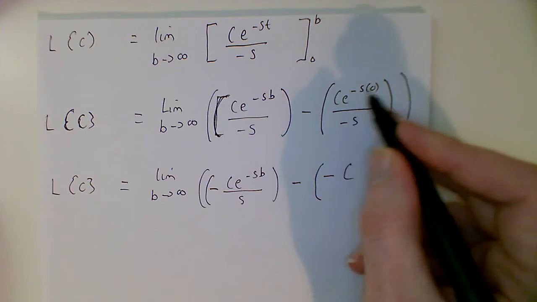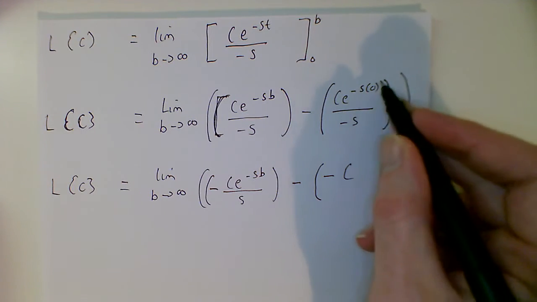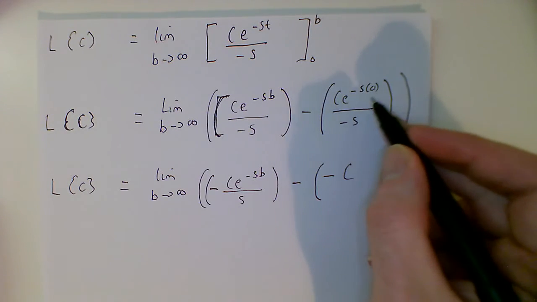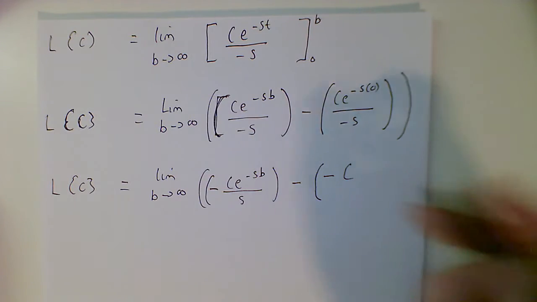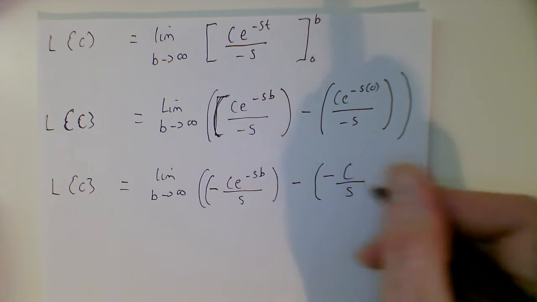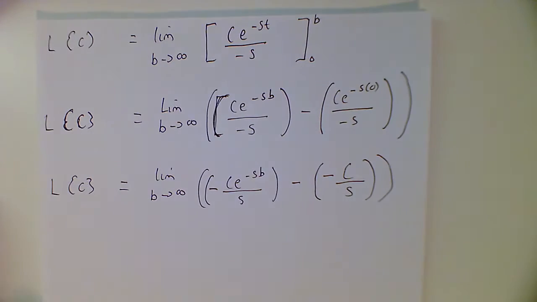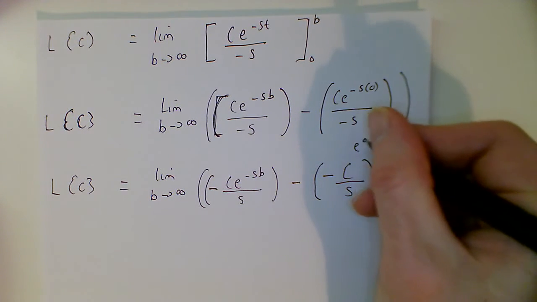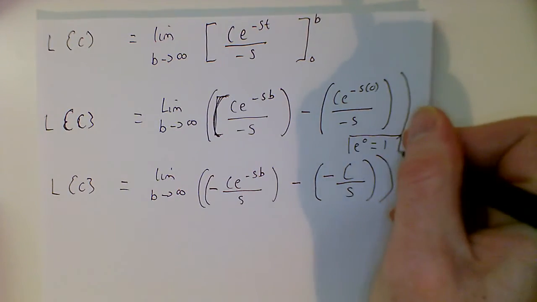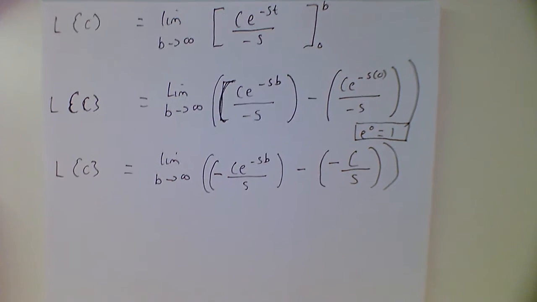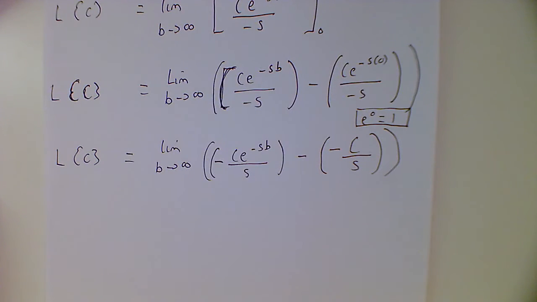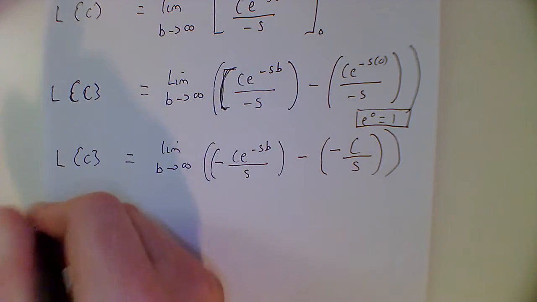Now remember, anything to the power of 0 is 1, so e to the power of negative s times 0 is 1, so that's c times 1. So that gives me that there. e to the power of 0 is 1. Right, I've noticed there that that becomes a plus.